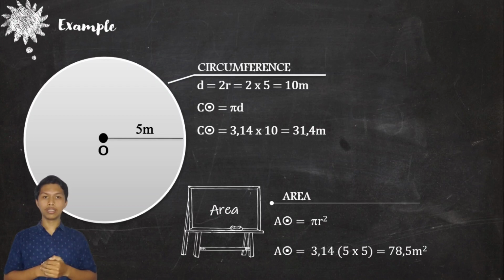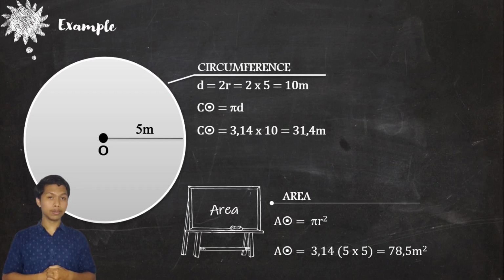First, we use the circumference formula. C equals pi times d. To get the diameter, we multiply the radius by 2. 2 times 5 equals 10. So the diameter is 10 meters. Then we multiply by pi to get the circumference.